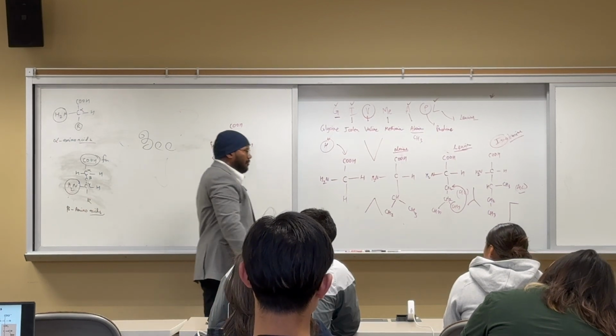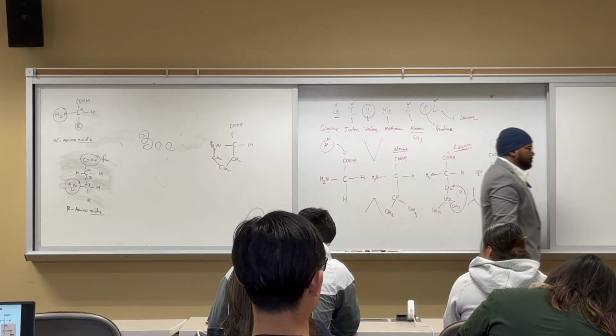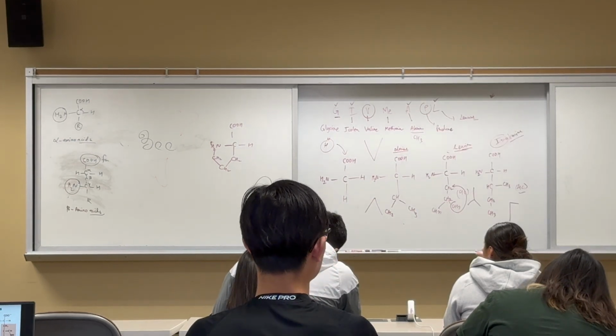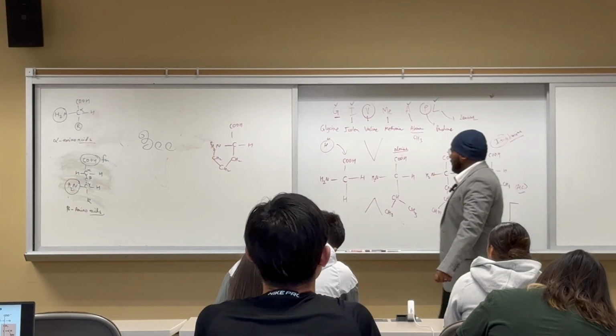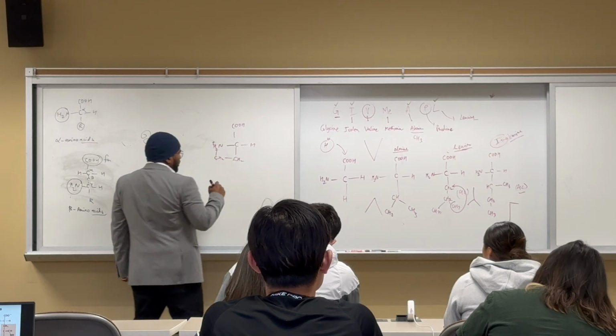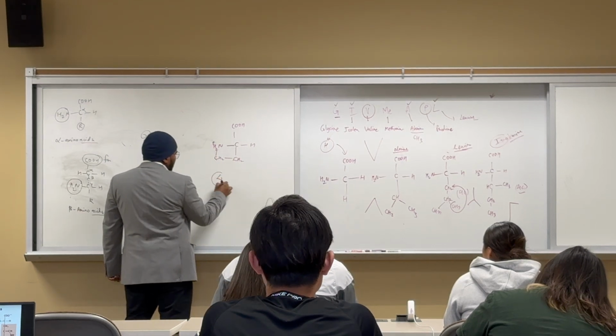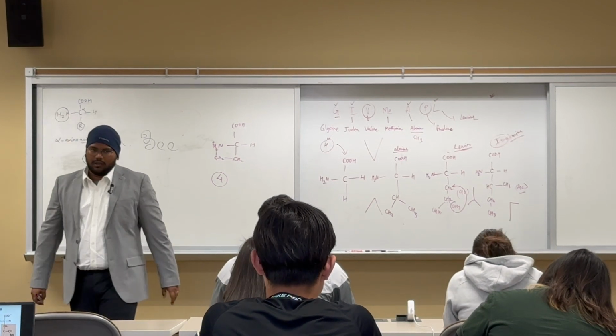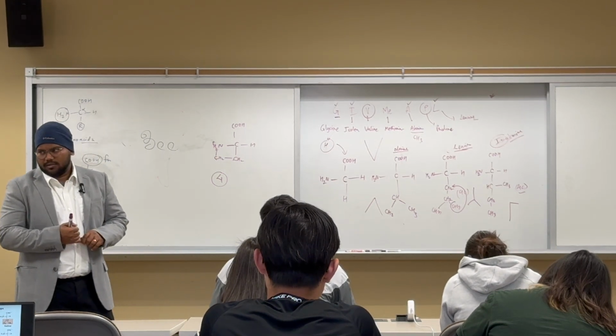Is it a 4 ring or 5 ring? 1, 2, 3, 4. It's a 4 ring. So you have to remember number 4 is important. Number 4 is important in remembering the names of aliphatic non-polar amino acids.